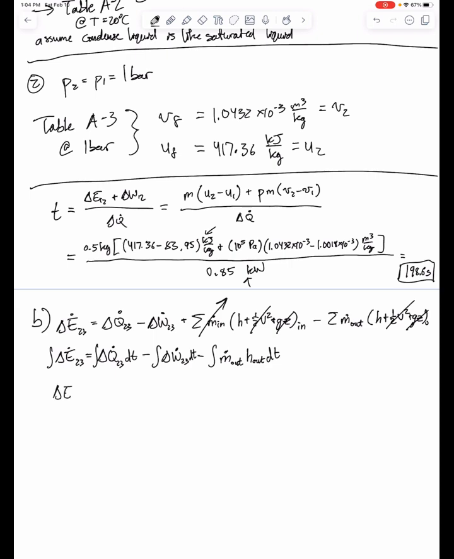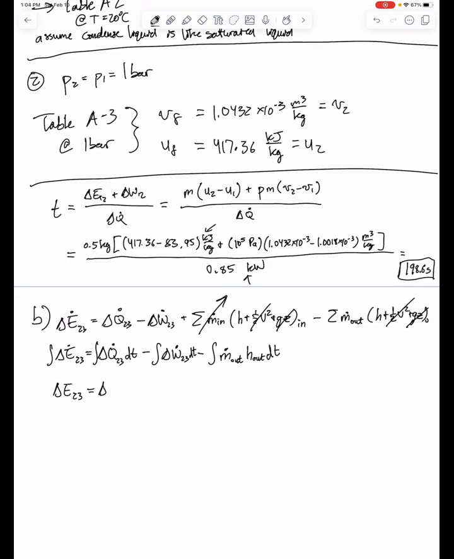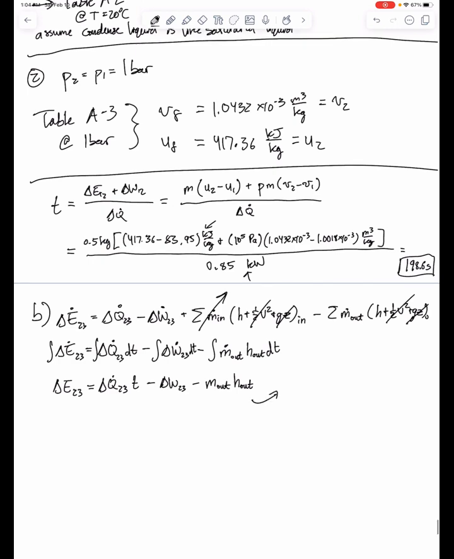So then we get back our energy term. I pull up the constant heat transfer rate and put a time next to it. Work goes back to normal. Here, mass flow rate out is not just the mass itself, the transient property of it out, times the associated enthalpy value. And similar to the earlier problem, as the system is getting heated, this thing going out, h out, is just h of the saturated gas. That's all it is. That's what's going out of the pot.